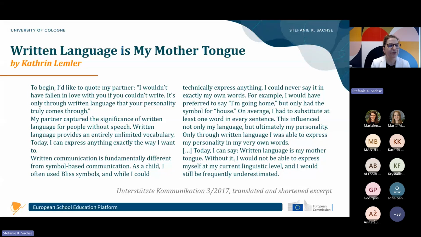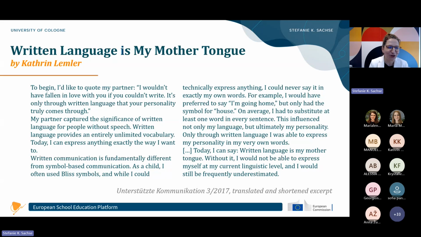Written communication is fundamentally different from symbol-based communication. As a child, I often used bliss symbols, and while I could technically express anything, I could never say it exactly in my own words. For example, I would have preferred to say I'm going home, but only had the word house. On average, I had to substitute at least one word in every sentence.